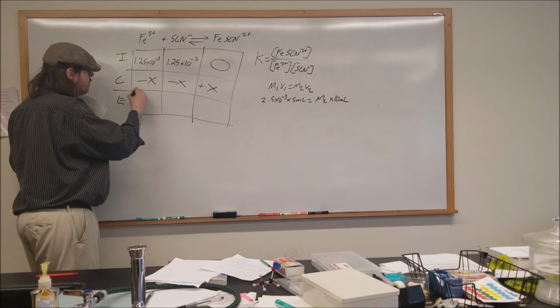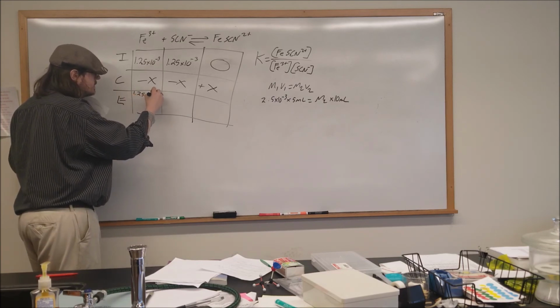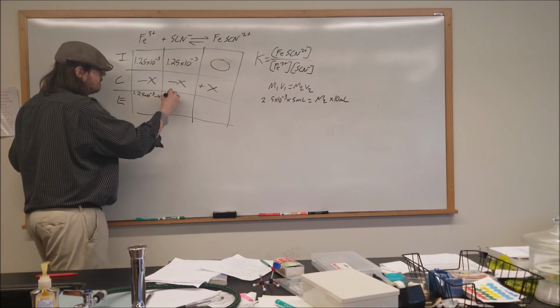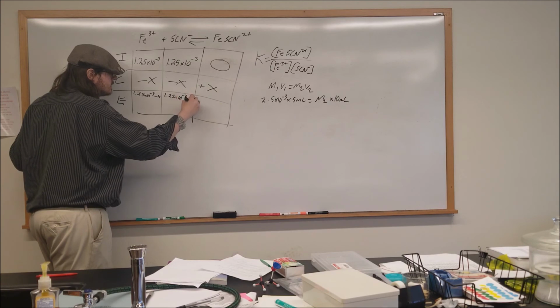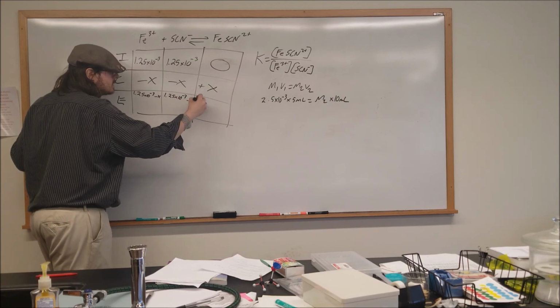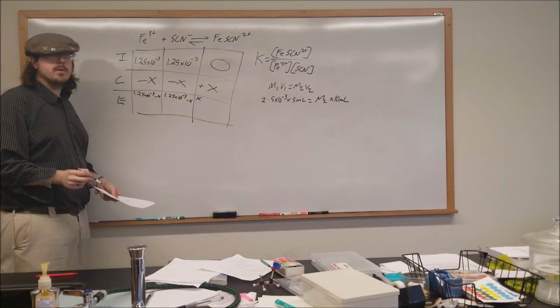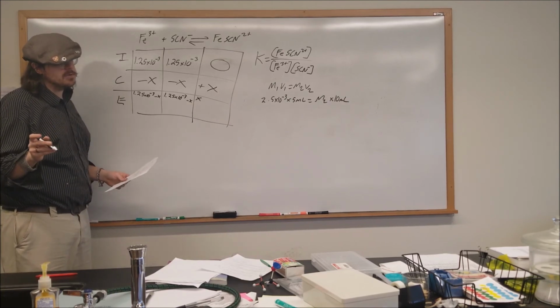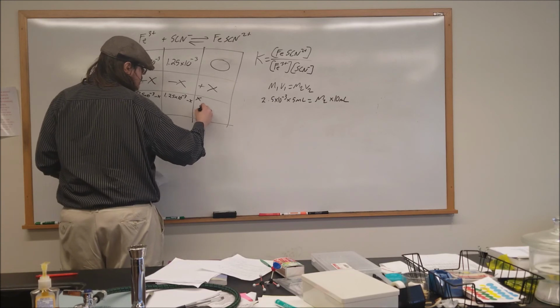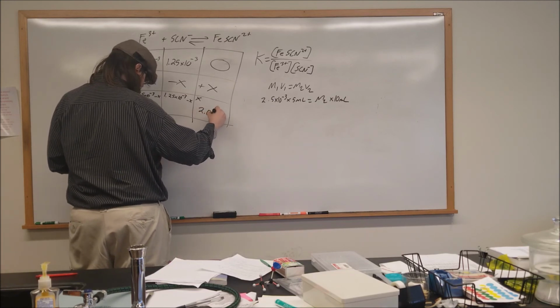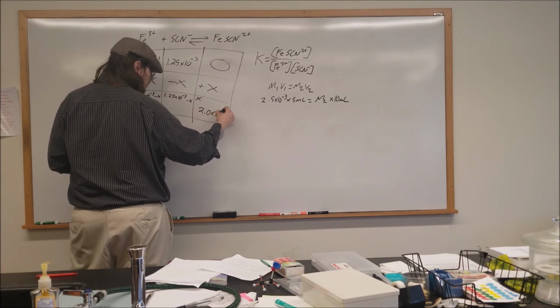So this one is 1.25 times 10 to the -3rd minus x, this one is 1.25 times 10 to the -3rd minus x, and this one is x. But I also give you, at equilibrium, after dilution, mind you, x is equal to 2.0 times 10 to the -4th.